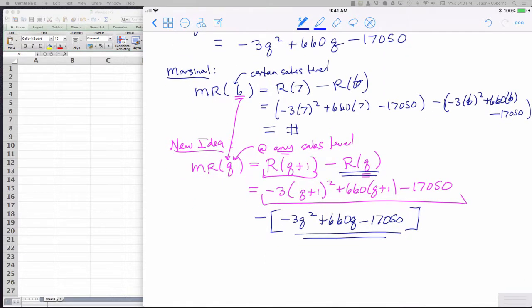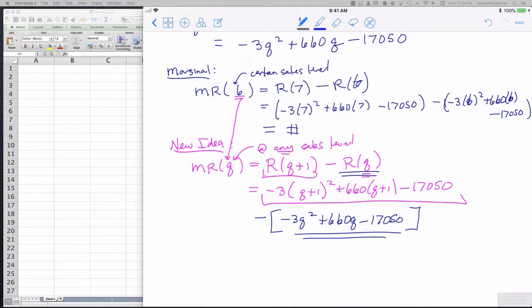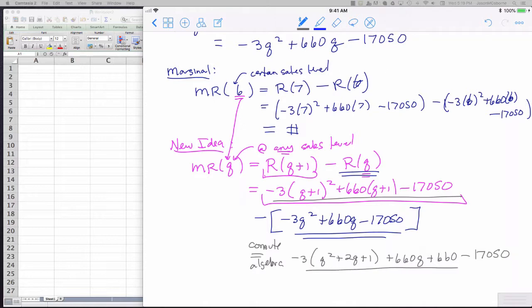Okay, working out the algebra here, let's go ahead and compute the algebra to figure out what the marginal revenue function is. So if you do the algebra, you'll get minus 3 times Q plus 1 squared plus 660 times Q plus 1 minus 17050. That was this line here.